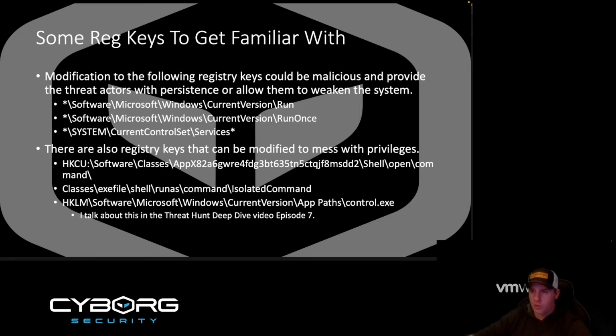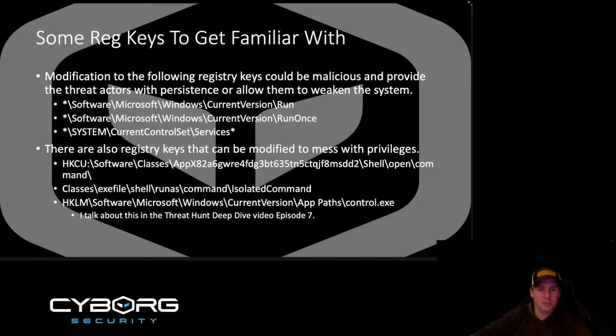So the goal here is, if the threat actor drops an executable on your machine that calls out to a C2 or beacons back to their machine and gives them a reverse shell, they would want to put it in the CurrentVersion Run registry key location. That way, whenever you turn on, their executable calls out to their computer, and all of a sudden they have access to you again. So it's a pretty nifty and scary way, but we know to look for maliciousness within this registry key location.